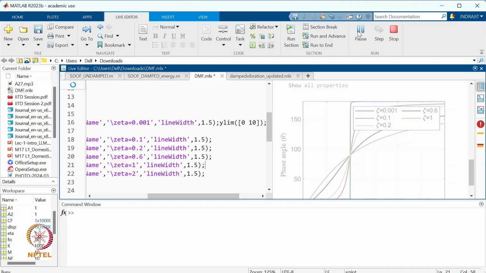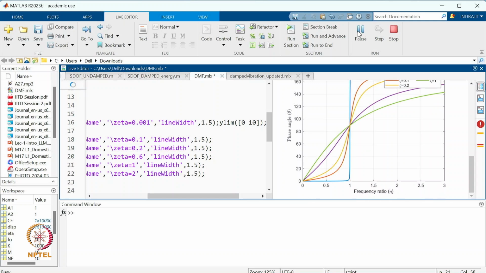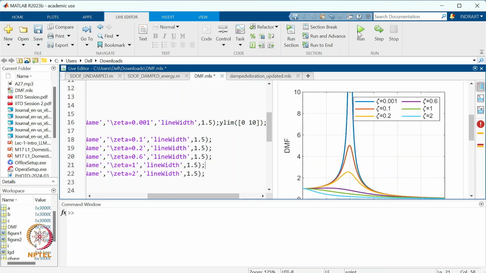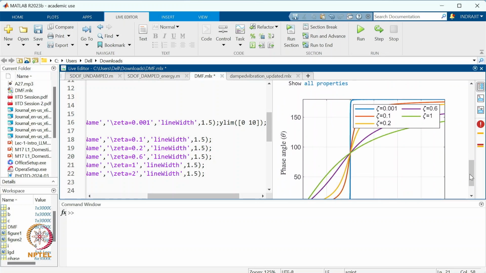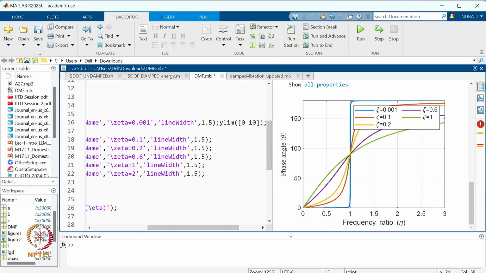Not a problem. Okay, I forgot to show that once we have done this, the phase is also coming here. Once we calculate the phase, that is the tan inverse of this, you can see how the phase is also changing. Once you have almost no damping, the structure oscillates almost in the same way as your excitation.